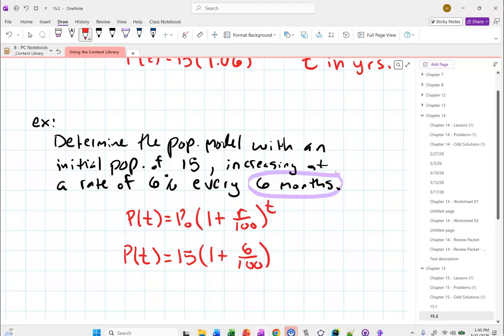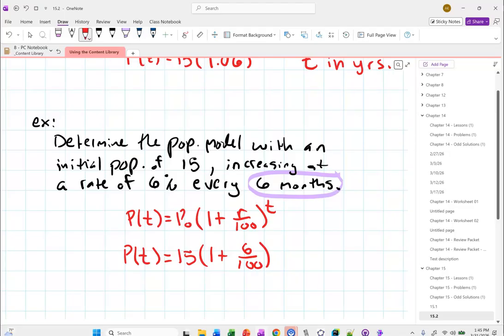Now we have a choice, right? In the previous problem, we chose that t was in years. Here now we should make a similar distinction. Now we probably have 3 different options the way that we could do this. We could choose t to be in years again, or we could choose t to be in months, might make sense.